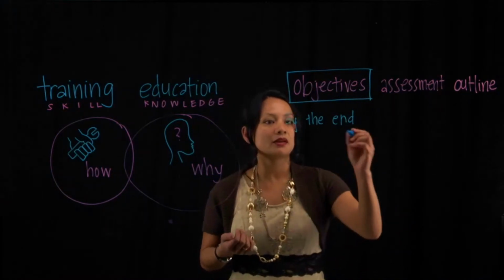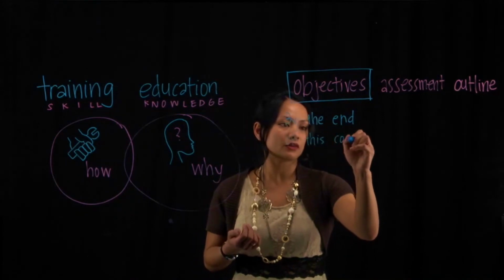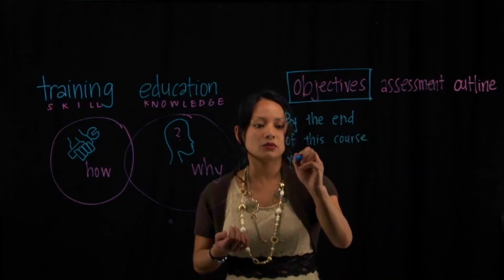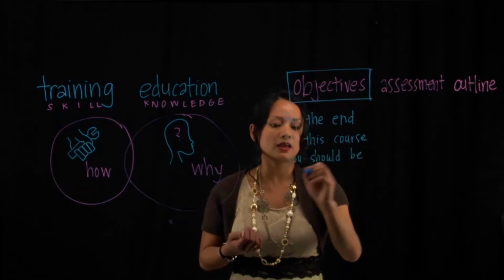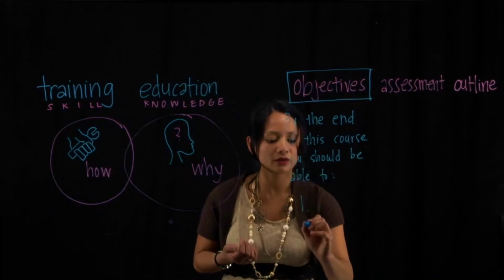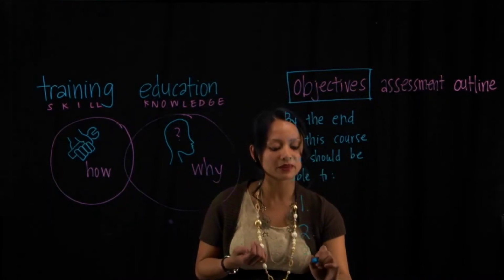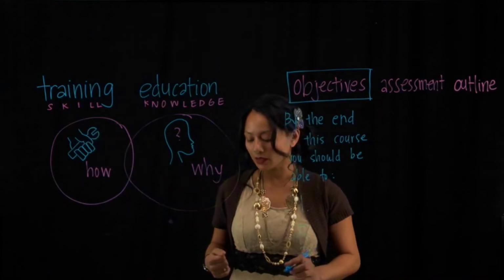And the sentence is, by the end of this course, you should be able to, and then answer that question with the verbs that describe the skill that you would like people to attain.